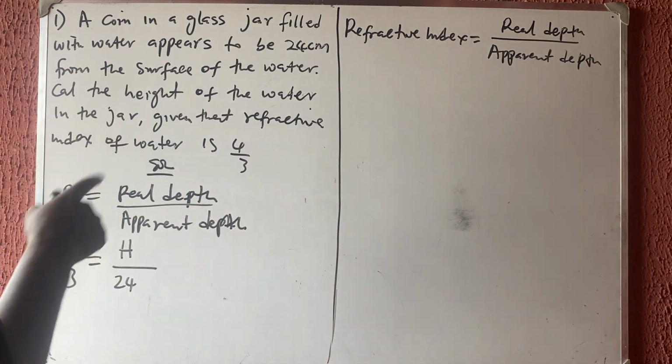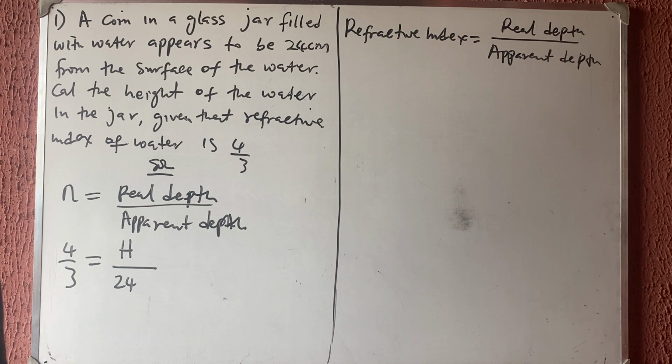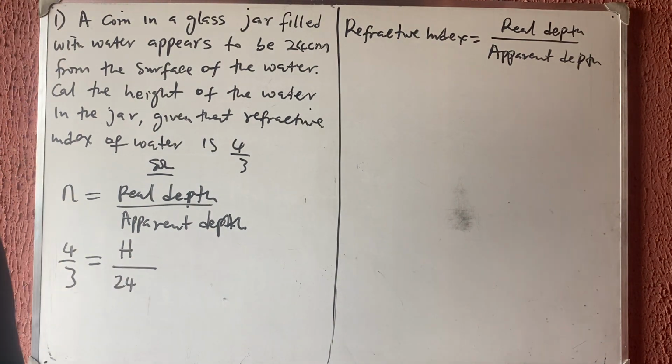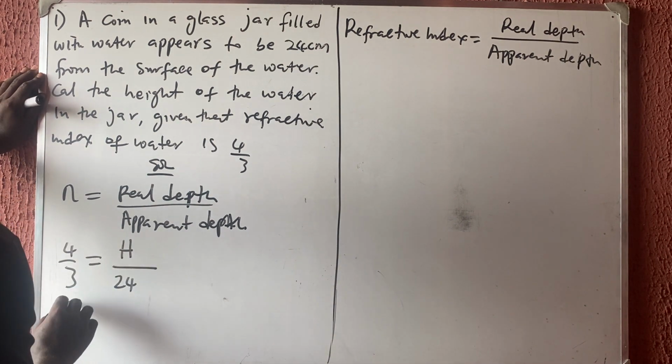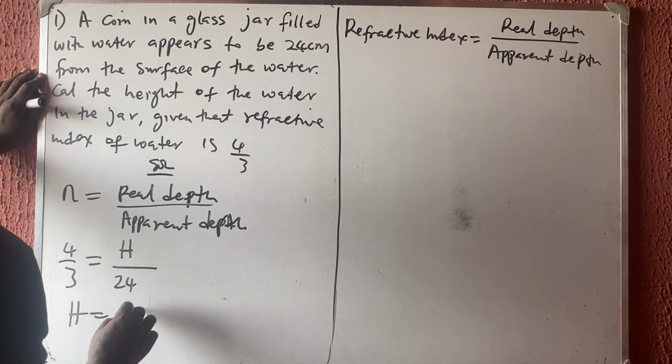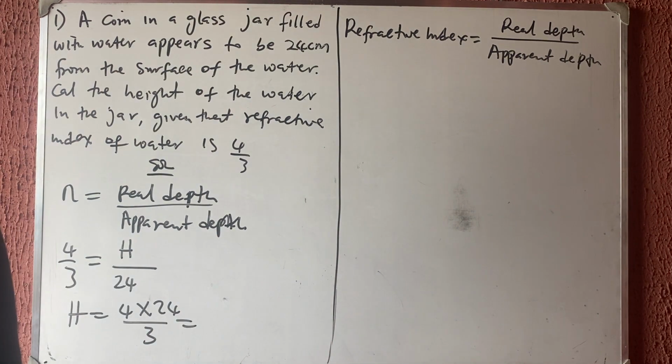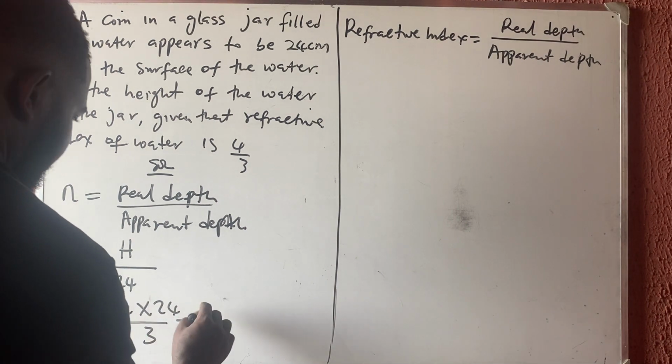If theirs is in cm, your answer should be in cm. But if it's an objective question and theirs is in meters, then you just need to convert to meters. If I cross multiply, h is equal to 4 times 24 divided by 3. So I'm having 32 cm.